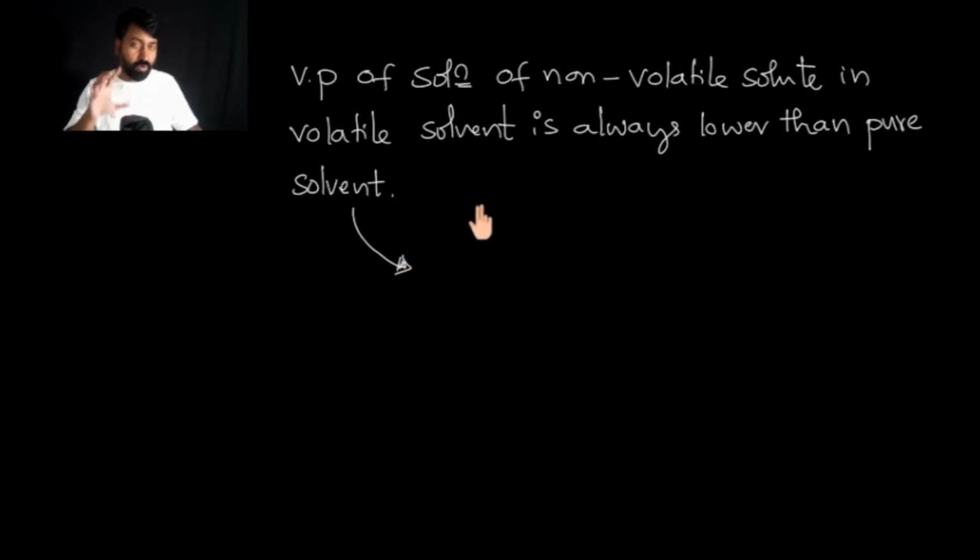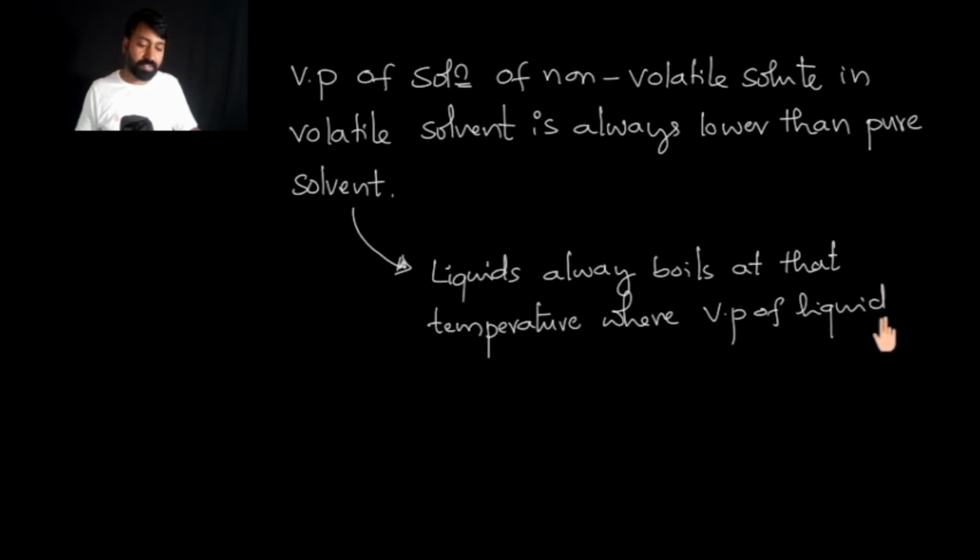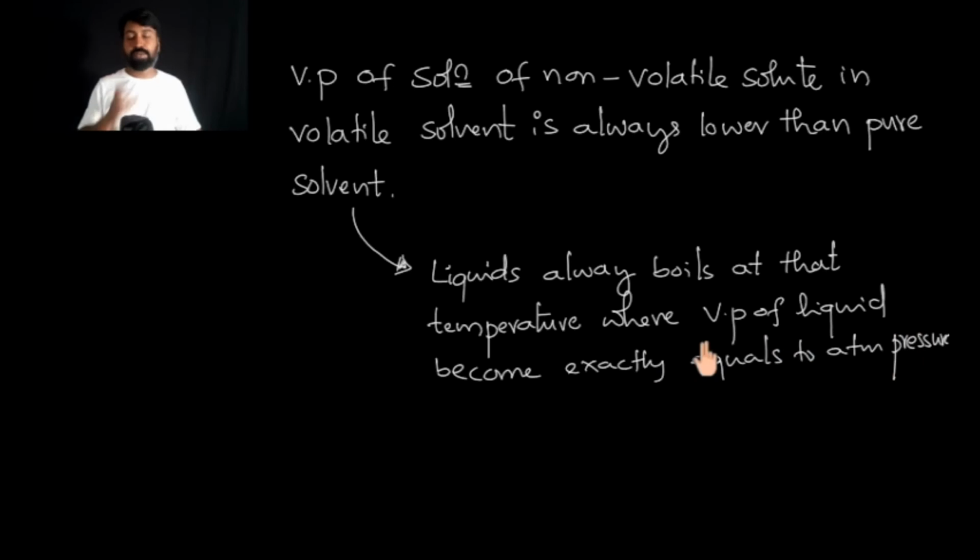This is a requirement for the boiling point: all liquids always boil at that temperature where the vapor pressure of the liquid becomes exactly equal to atmospheric pressure. This is the base of the concept, students.